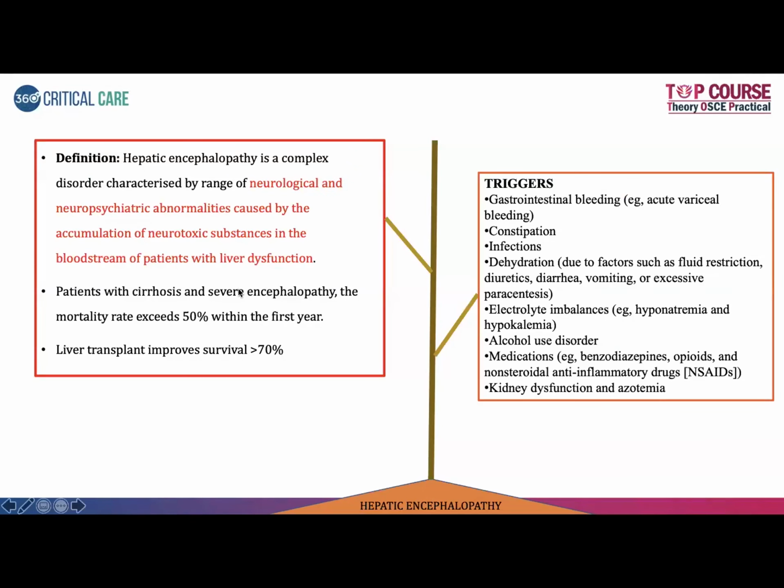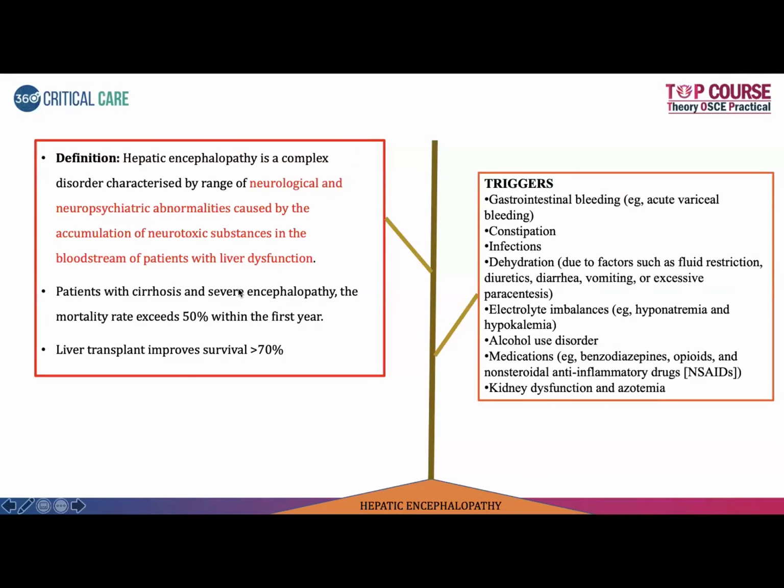Because of the acidification, NH3 is converted into ammonium ion, NH4. So this ammonium ion will not be absorbed in the gut. Thereby it decreases the absorption of ammonia, and by increasing the intestinal transit, the formation of ammonia will also come down.